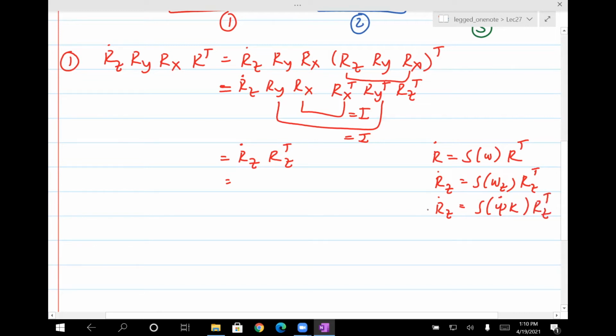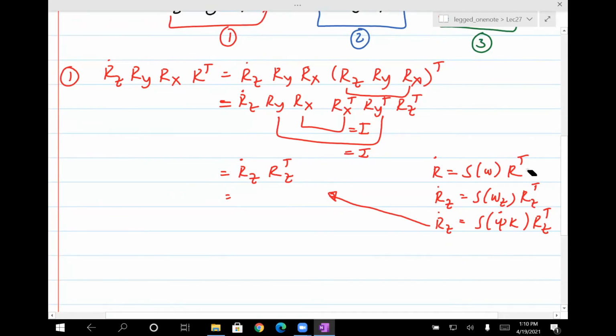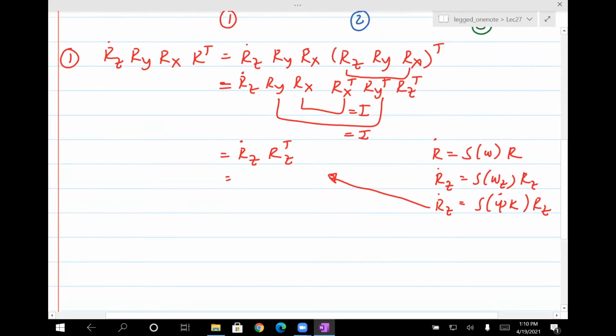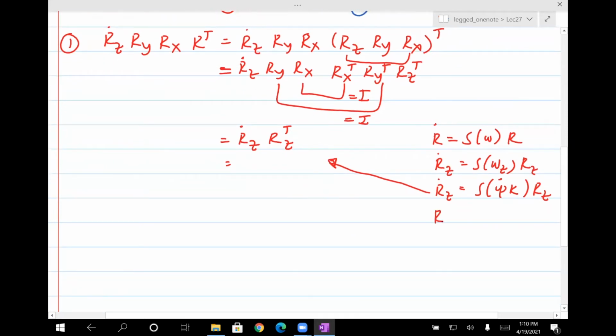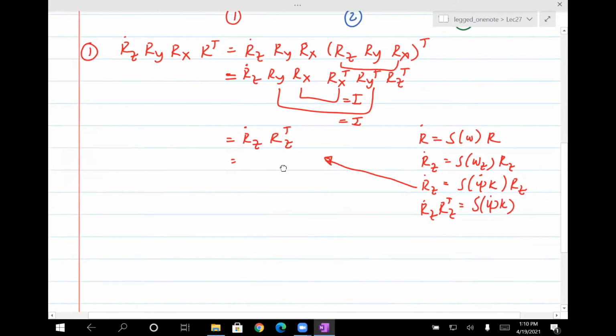So now we need to put that right over there. So RZ times RZ transpose, something is not right. Sorry, this is not R transpose, just R. Okay, so now if you post-multiply with RZ transpose, you get S of psi dot k, which means that now I can substitute that here.